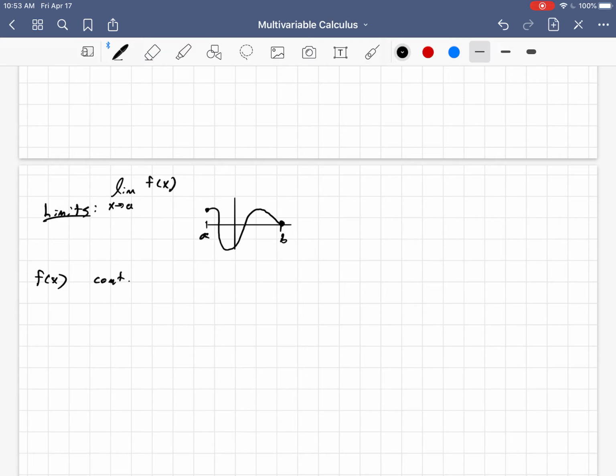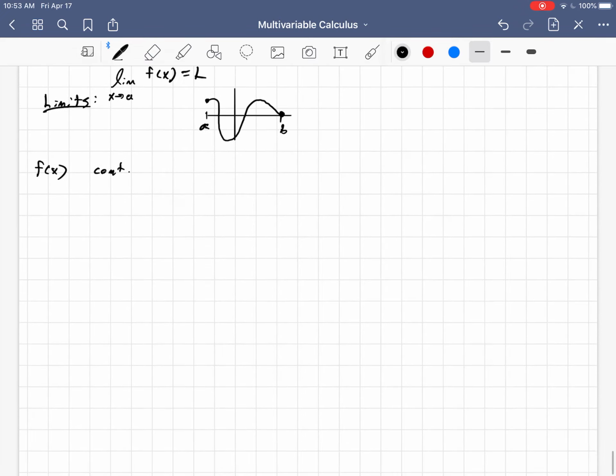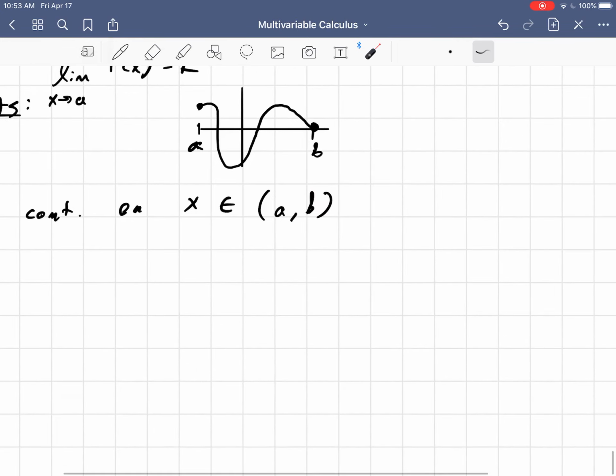So now, the limit we're concerned about, we write it as the limit as x approaches a, some constant a, of f of x, and we're going to say it's equal to some number L. So if the function f is continuous on x being some element, that's what this symbol means right here, of the open interval from a to b.